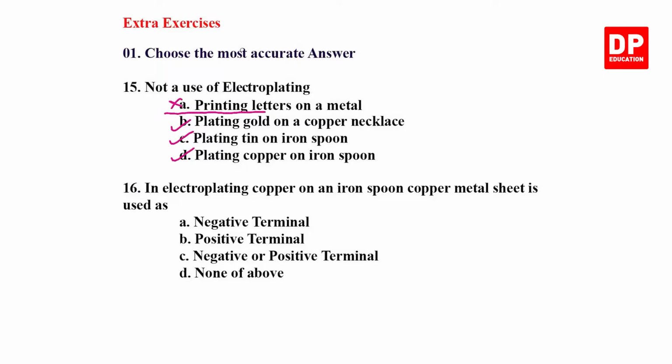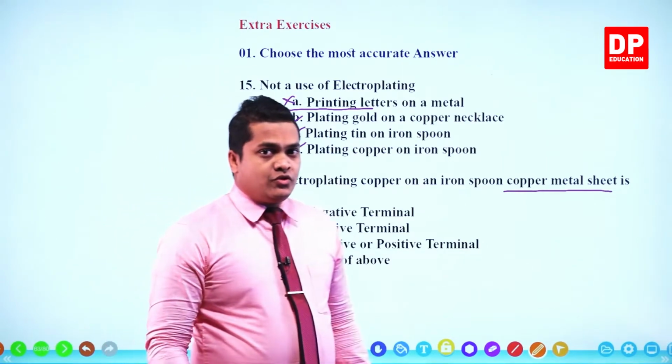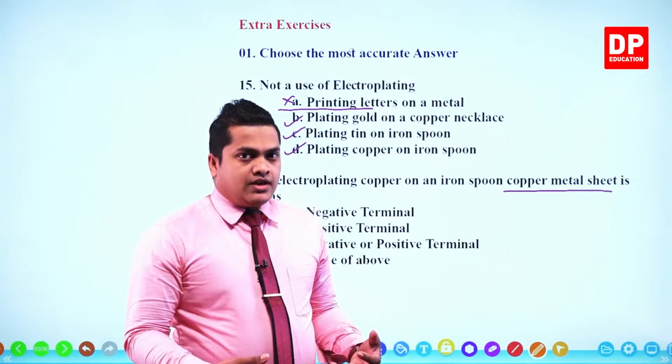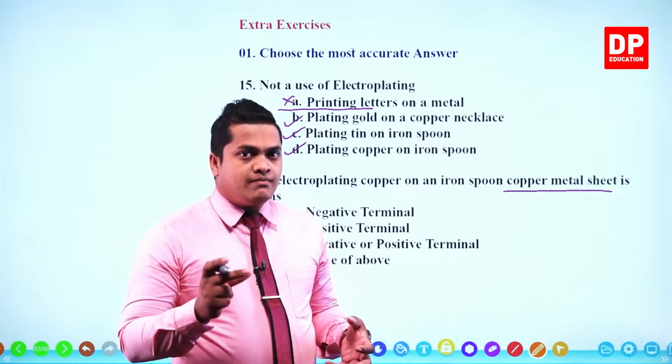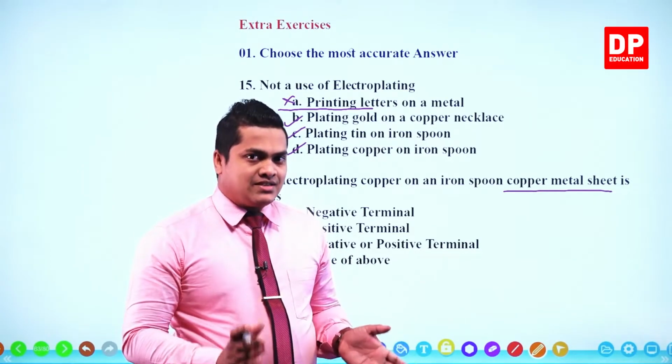In electroplating copper on an iron spoon, a copper metal sheet, my dear children, is used. We need to use a copper metal sheet in the electroplating process. I think you could remember when plating copper on that spoon, we use a metal sheet of copper. And we use that thing as the positive terminal.